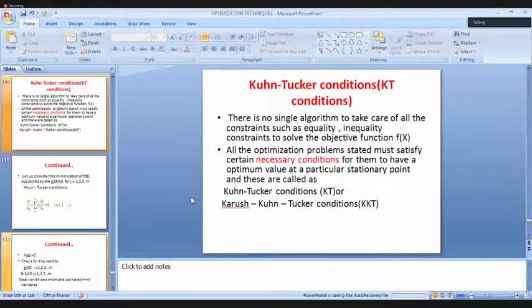Now, in the Kuhn-Tucker conditions, we take inequality constraints and also equality constraints, and one minimization, one maximization. So it is a sum-up of all the concepts we have gone through in the last topics. And any problem you take should definitely satisfy these conditions, and they are called KT conditions.